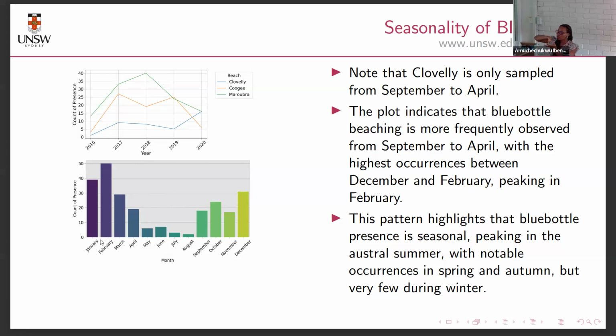You could see that we experience them more from September till April. During May and August, we don't tend to get occurrences of them like the rest. So in other words, during the Australian winter season, they tend not to really occur.